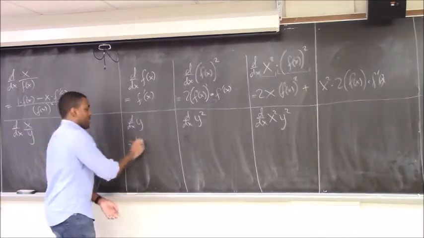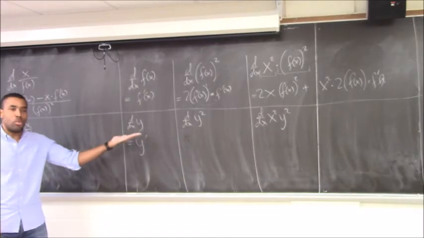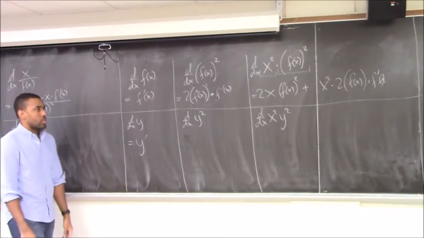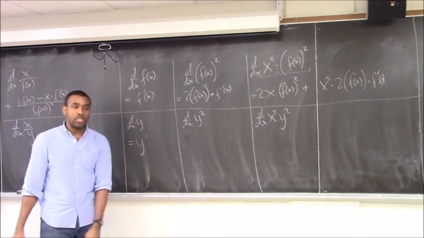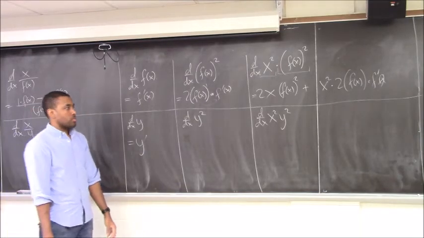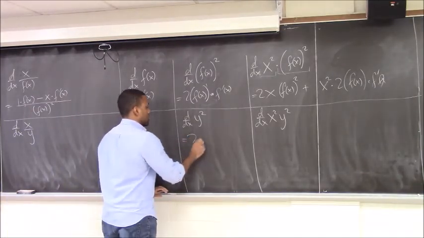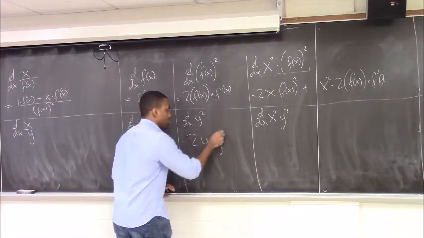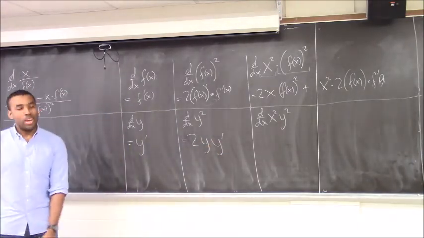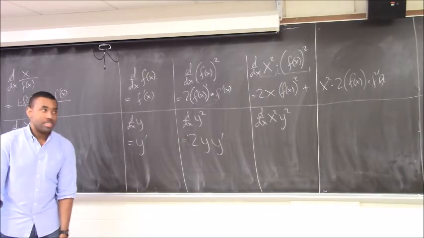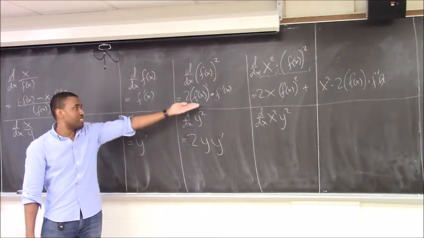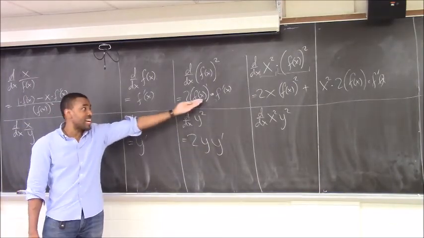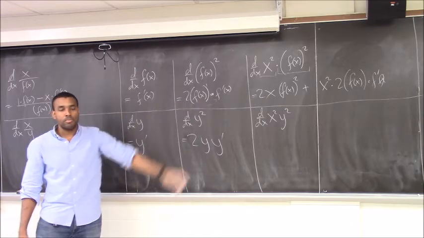Just y prime, right? This is just saying the derivative with respect to x of y. What about the derivative with respect to x of y squared? 2 times y prime. Yeah. Now the question is, why did I multiply by y prime? Chain rule. You multiply by y prime here for the exact same reason you multiplied by f prime there.